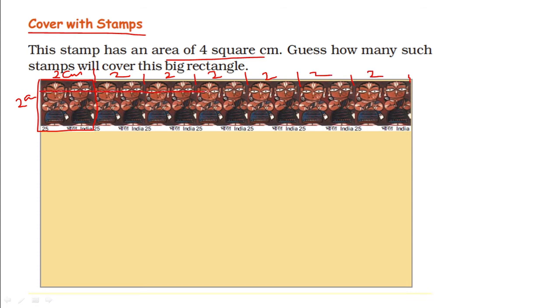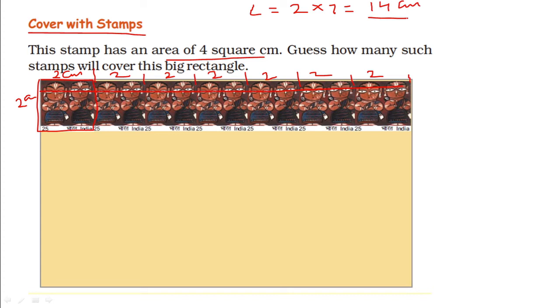So what will be the total length? 2 plus 2 plus 2 plus 2 plus 2 plus 2 plus 2 means repeated addition. So repeated addition is multiplication. 2 into 7 because 7 stamps. 7 twos are 14 centimeter. So the length of the bigger rectangle is 14 centimeter.